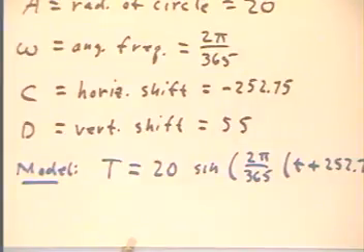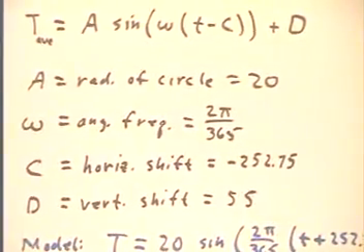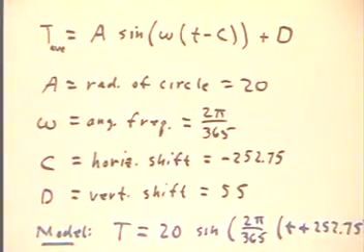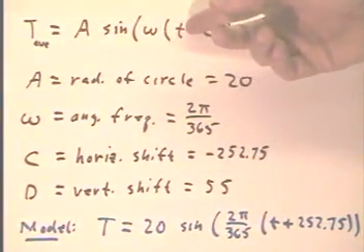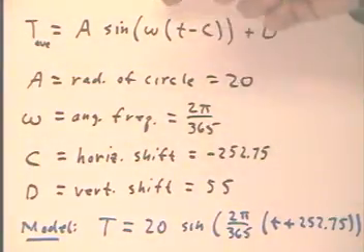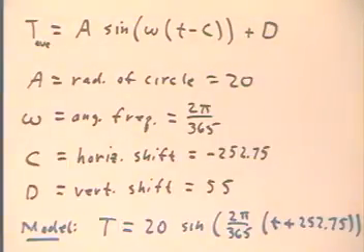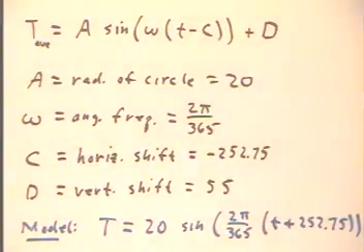As you should have noted in your text, our model is going to be a sine function model: A times the sine of omega times the quantity t minus c, plus d. Now your book uses b here instead of omega, and that's not a bad idea because omega is not real general and b is pretty general. But in this case I want to use omega because we're used to omega from the activities we did last week, from our viewing of the graphs and so forth.